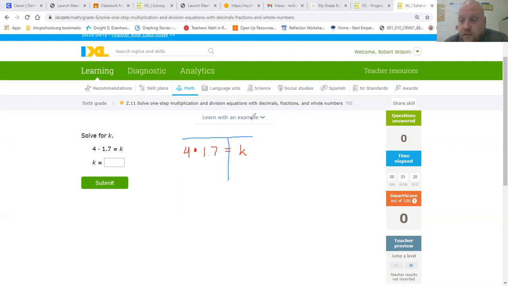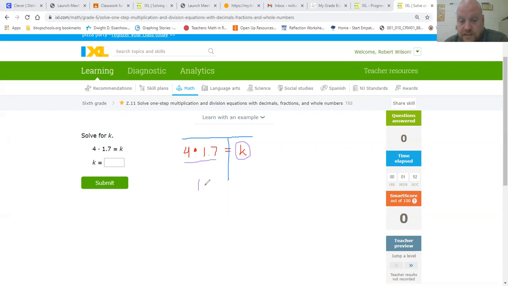And now the thing that I notice here is that this variable is over on the right-hand side all by itself. Anytime that the variable is by itself inside of a T-chart, it means you do not need to do inverse operations. You can just do the work that you see over here, 4 times 1.7.